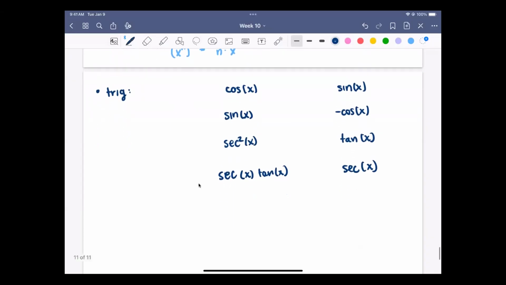And if you wanted to take the antiderivative of, say, tan x or secant x, this requires more sophisticated techniques than we're going to cover in this course. You're going to need to put in a little bit of work to figure out what those would be.